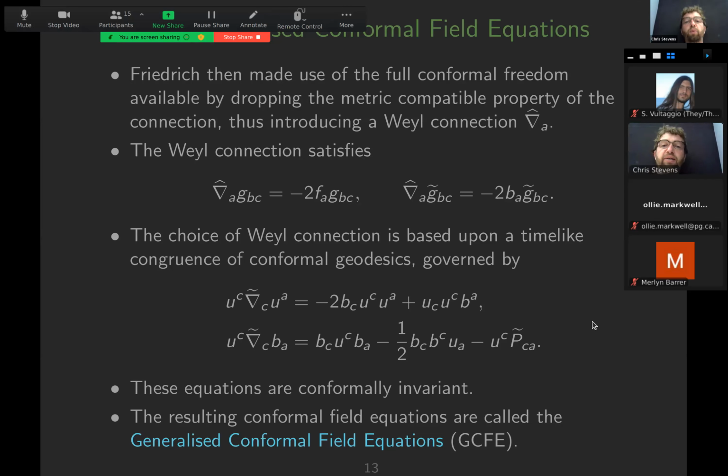And what he did was, how do we fix this one form in a way that might help us? He said, well, we're looking at everything from a conformal structure point of view. Why don't we look at geodesics in the space-time, but a generalization of geodesics that are independent of which metric you are looking at in a conformal class?